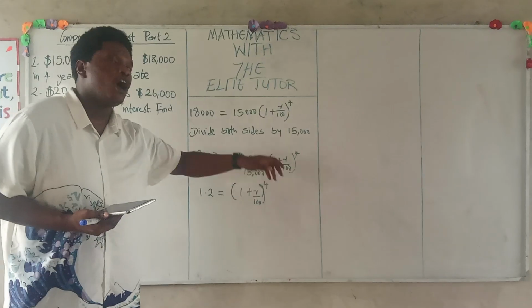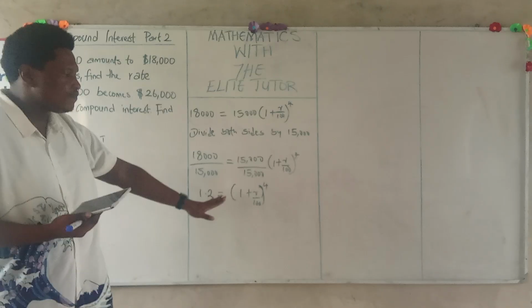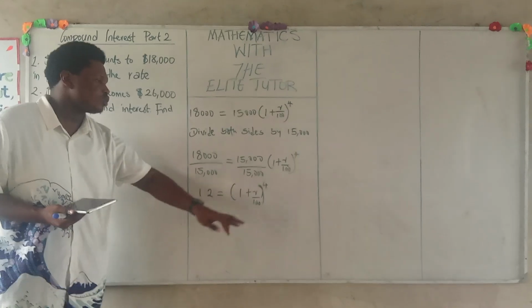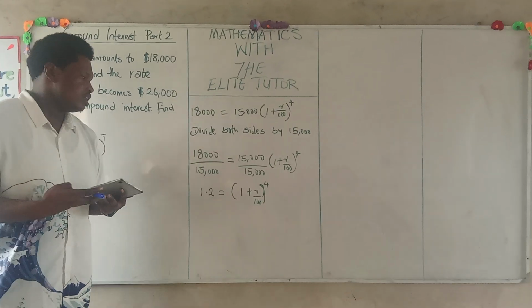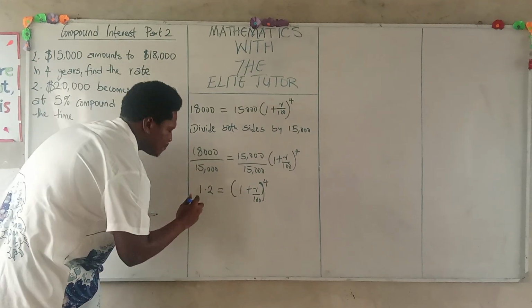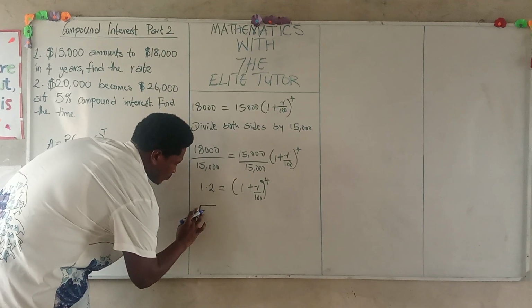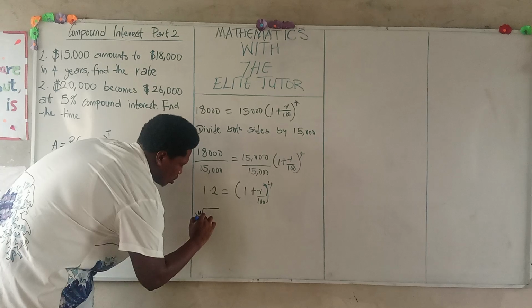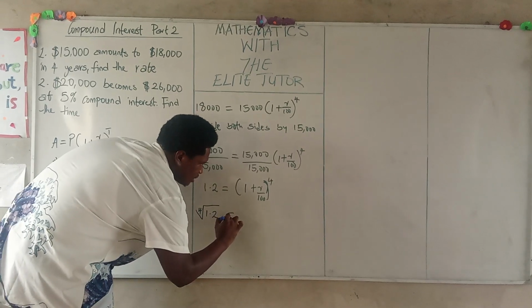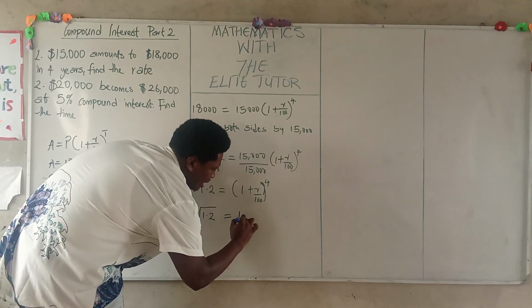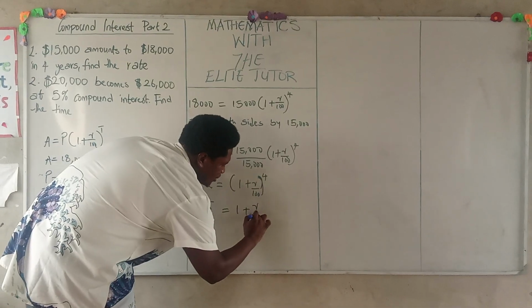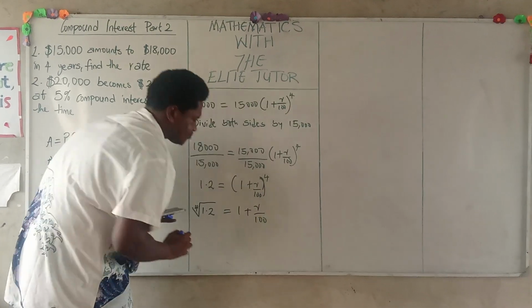But since this is 4, we are going to take the fourth root of both sides so as to cancel this power. So we have that the fourth root of 1.2 is equal to 1 plus r over 100.